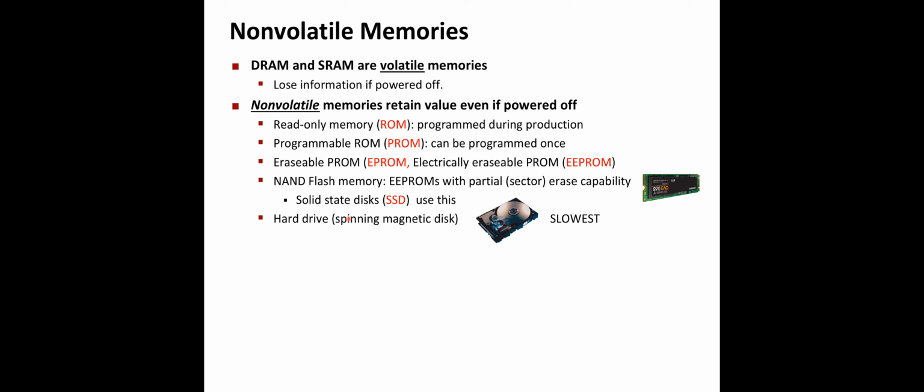So some disks are made of what's called NAND flash memories. And you may have heard the term SSDs, solid state disks. This is one that's put into a server. And then the slowest of our non-volatile memories is the spinning hard disk, which has been around a long time and can hold a lot of information.